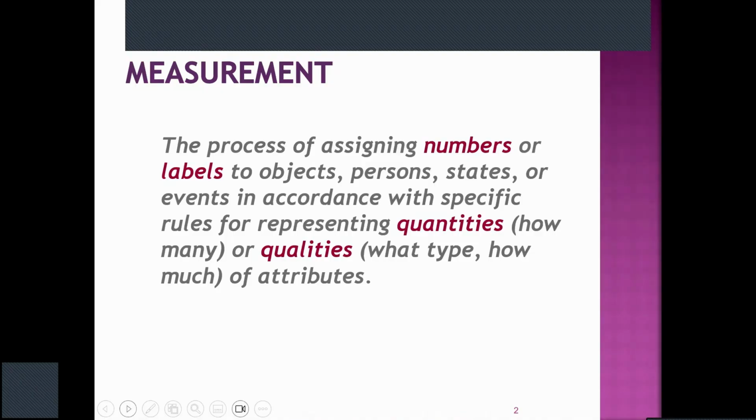So, for example, for a person, we could measure their age with a number of years, or we could talk about their age in terms of minor, young adult, middle-aged adult, or older adult. The first would be numbers, the second would be labels, the number of years would be a quantity, and the age categories would be more like a quality.